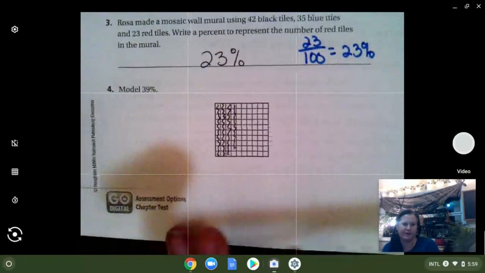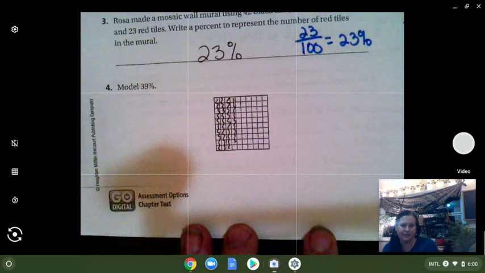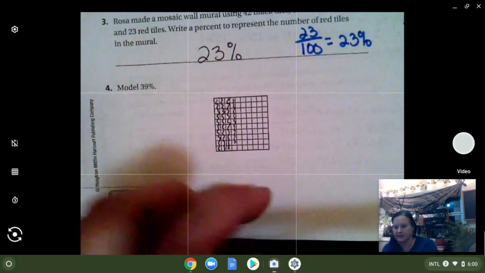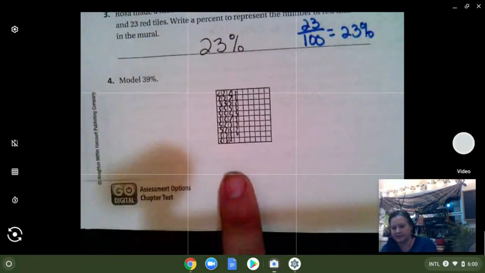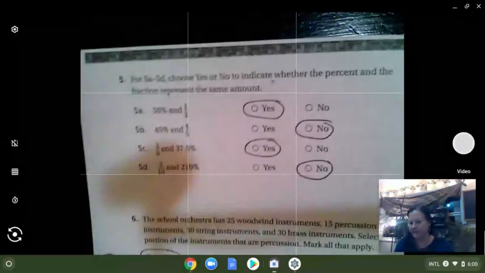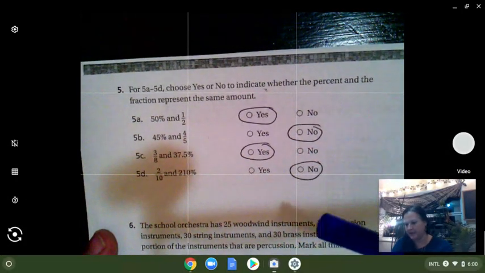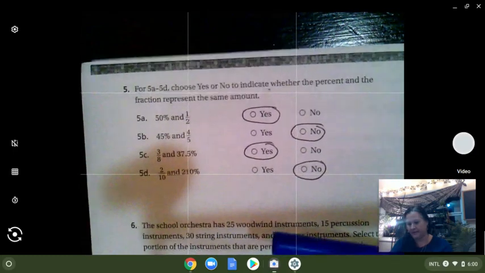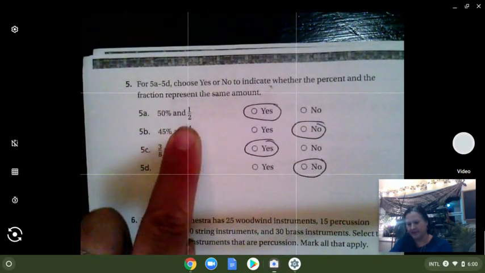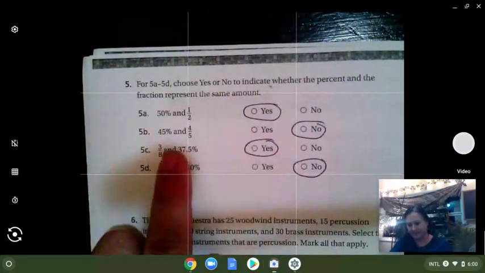Okay, so model 39%. So you have 3 columns and 9 of these little hundredths. 39 little hundredths. Okay, this says choose yes or no to indicate whether the percent and the fraction represent the same amount. So 50% and a half, yes, that's the same.